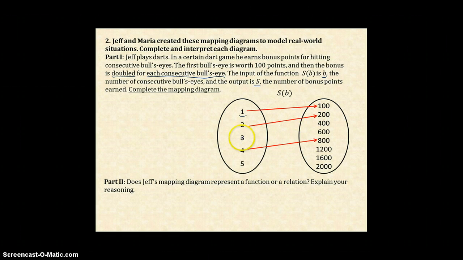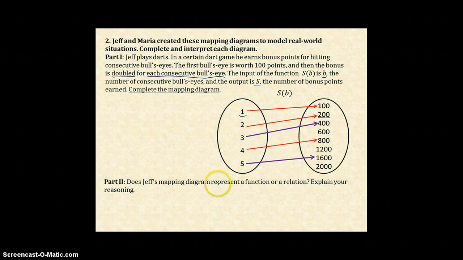So for 3 bullseyes, the bonus of 200 is getting doubled, which is going to be 400. For 4 bullseyes, the 400 gets doubled to 800. And for 5 bullseyes in a row, the 800 will be doubled to be 1600.